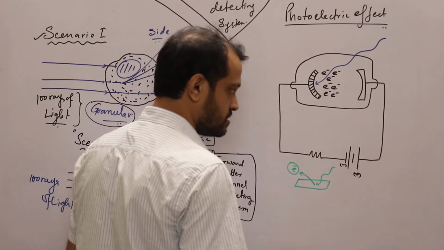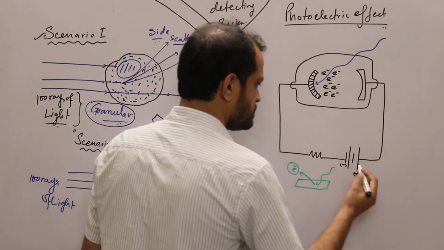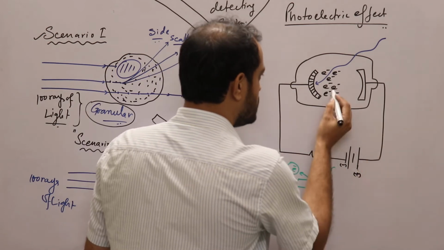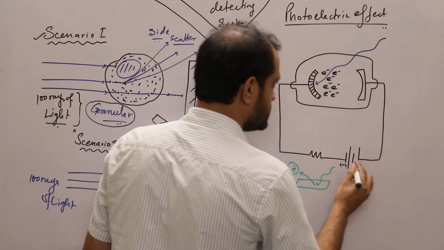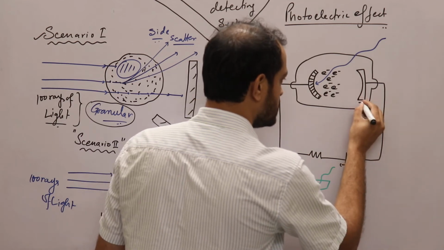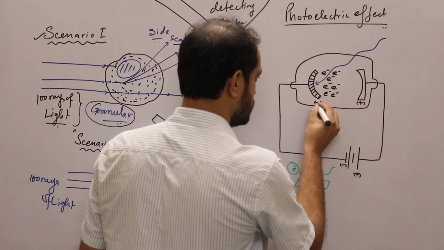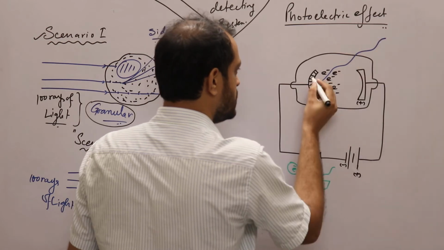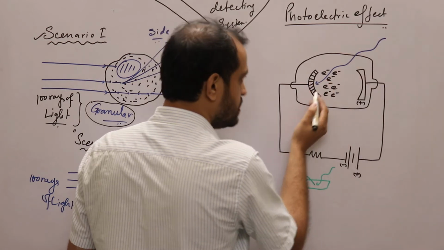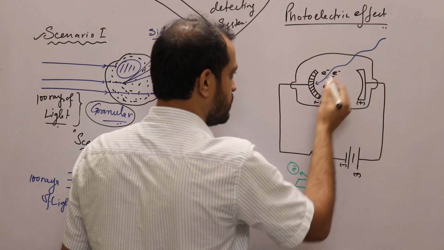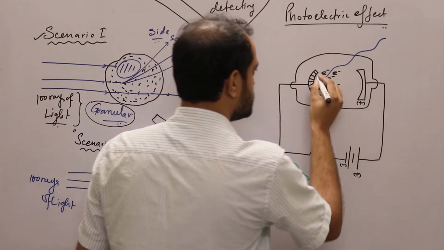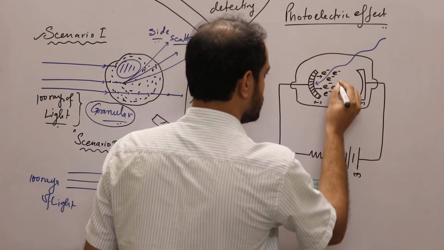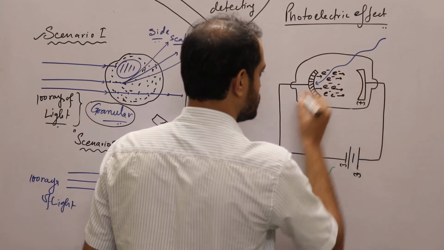The battery is in series. As this is the plus end, this portion is plus and this is minus. This is a photoactive metal, and when sun rays or any light fall on it, it is ejecting electrons, right?